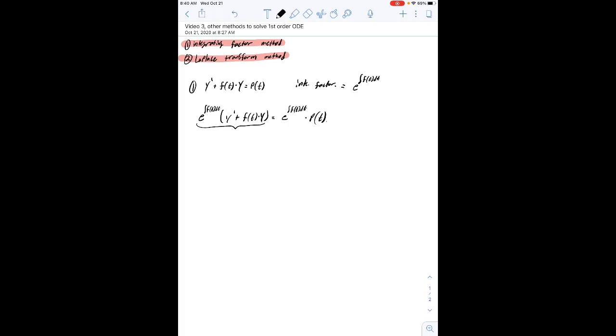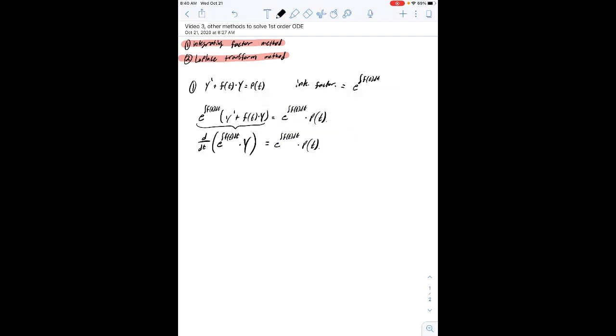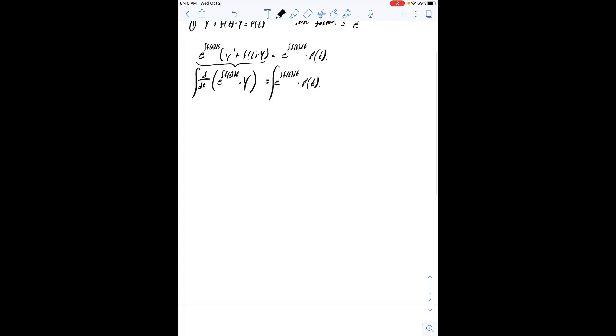We note that this is just the same as d dt of the group e to the integral f of t dt times y. And this side obviously just stays the same. So we'll duplicate it, and then to get rid of d dt, we can just slap an integral on both sides with respect to t.